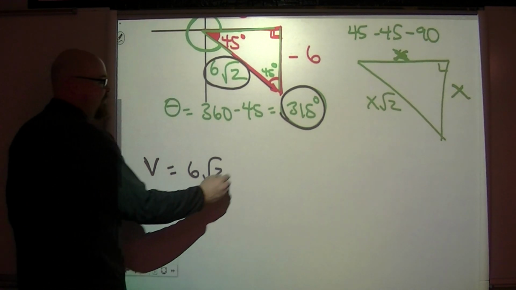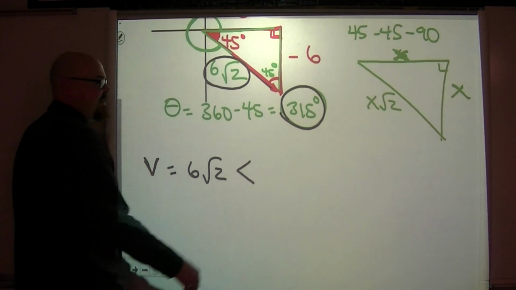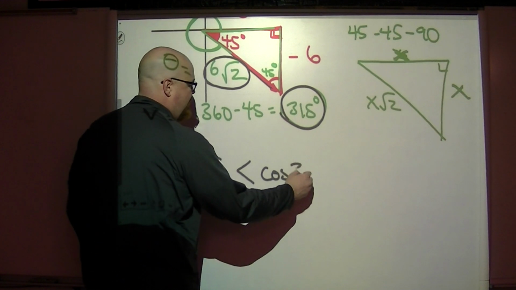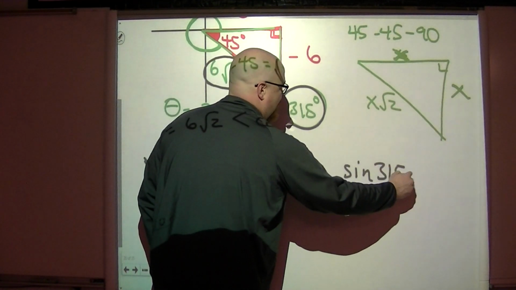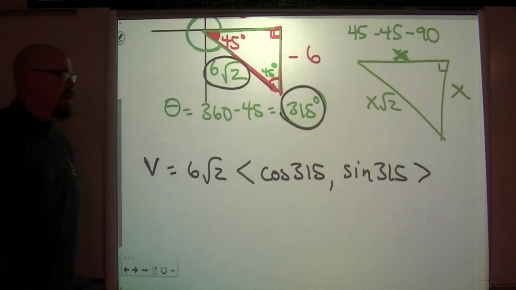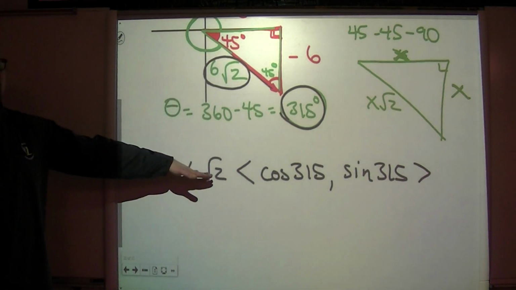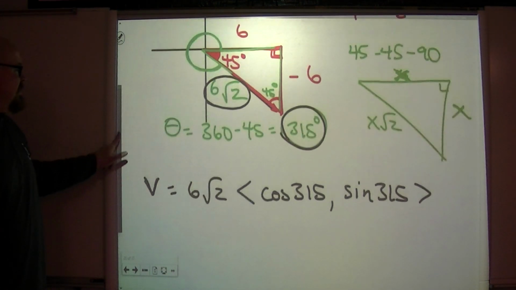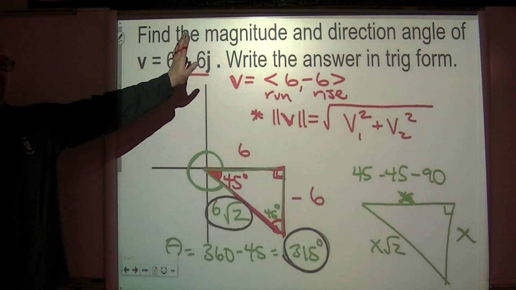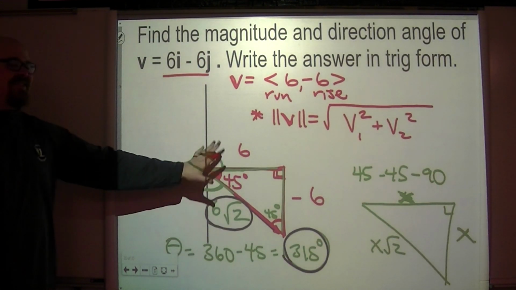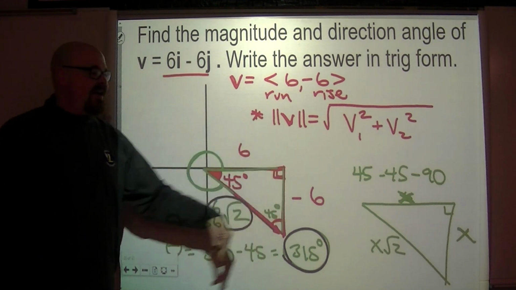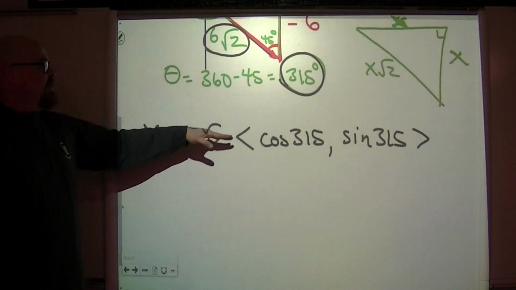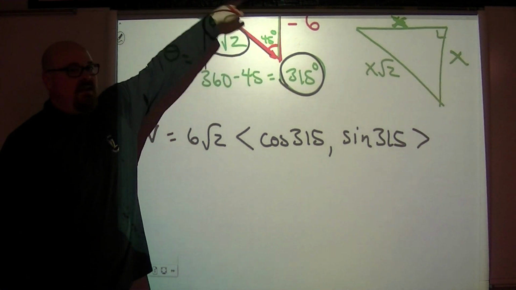We put the magnitude first, and then inside these brackets we put the cosine and the sine of the direction angle. So this format and this format look very different, but they express the same vector. This one in terms of its run and its rise. This one in terms of its magnitude and its direction angle.